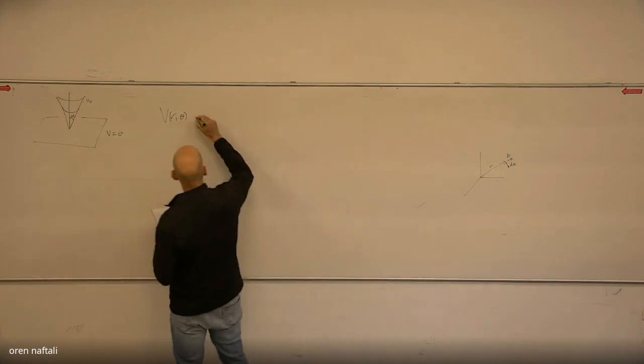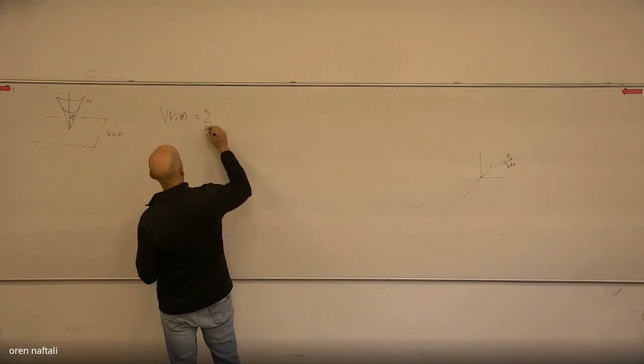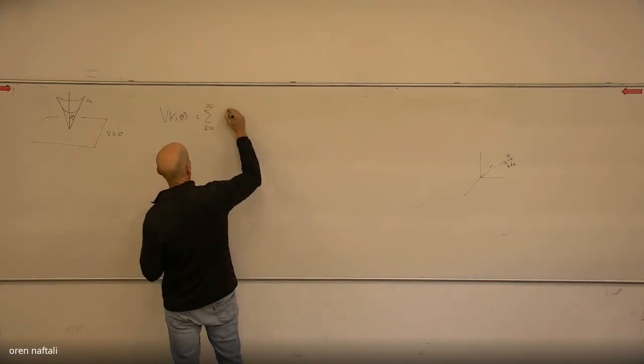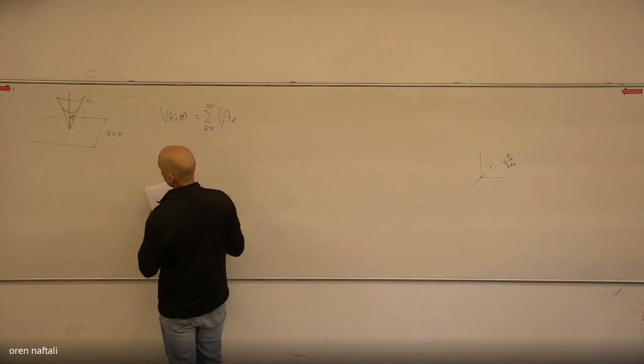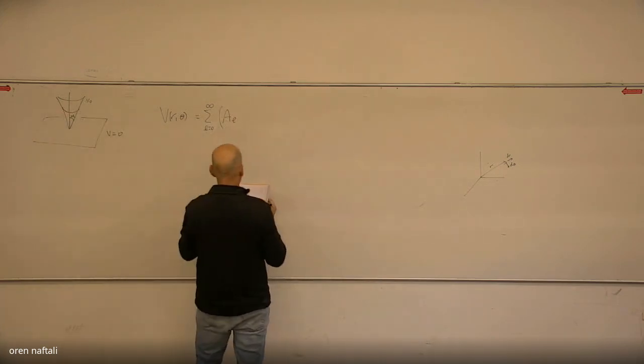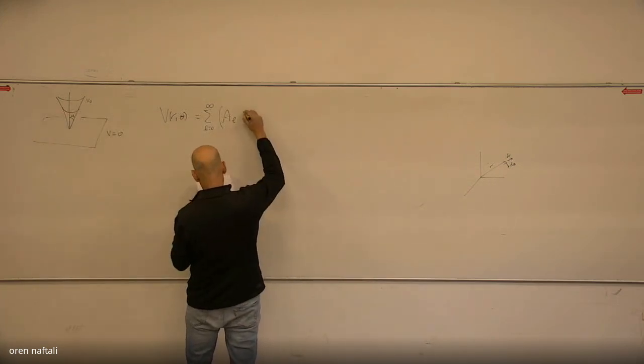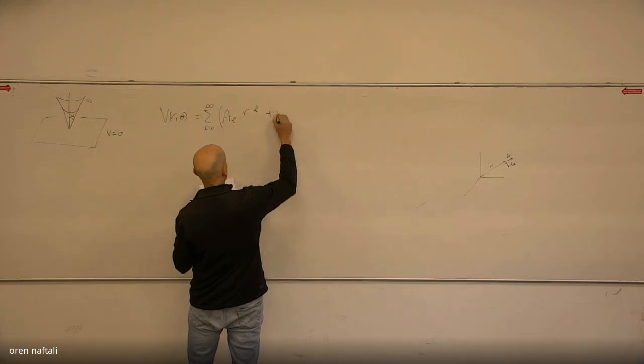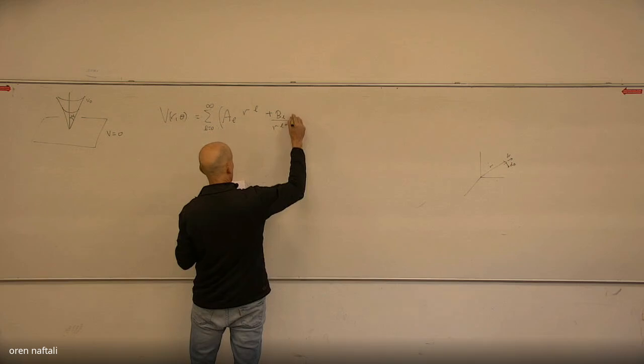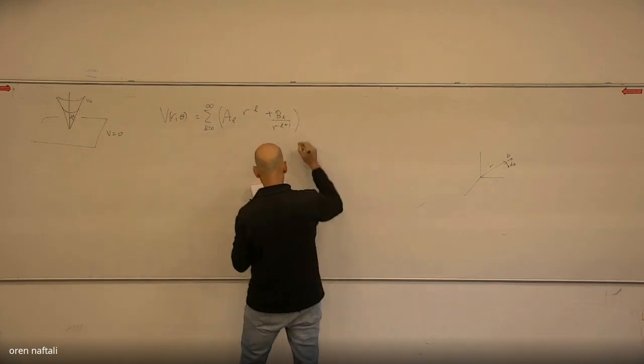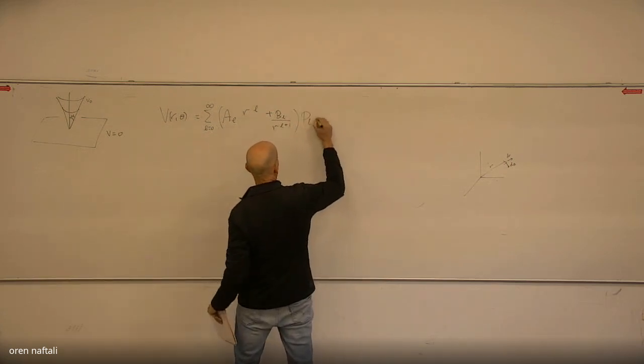So we have the sum over L equals 0 to infinity of AL, which we need to determine by the boundary condition, times R to the power L, plus BL over R to the power L plus 1, times PL cosine theta.